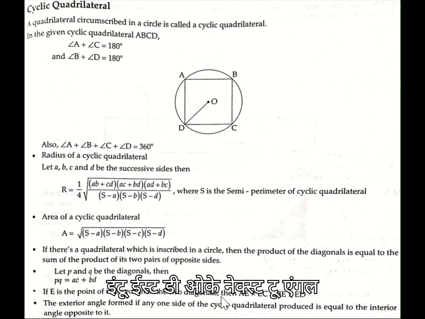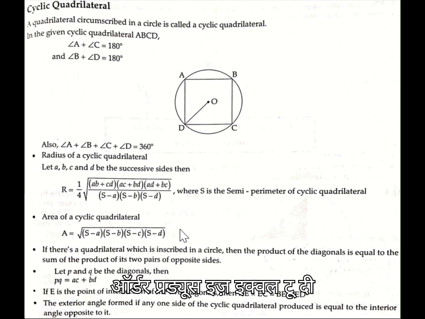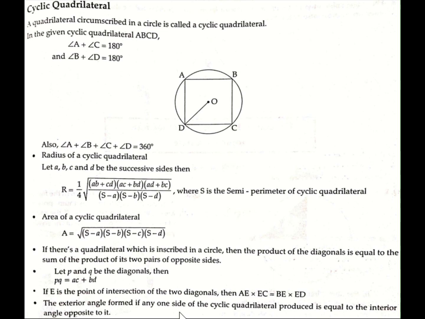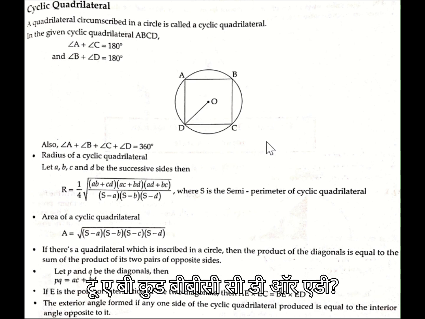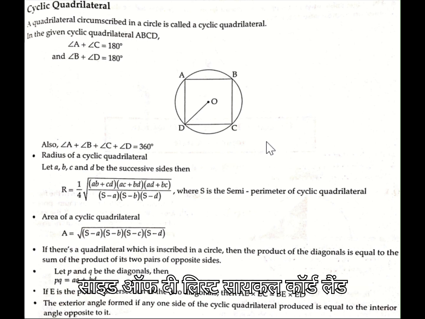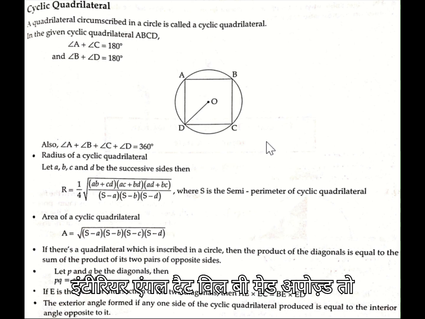Okay, the exterior angle formed if any one side of the cyclic quadrilateral is produced is equal to the interior angle opposite it. If an exterior angle is formed, if any one of the sides, it could be AB, BC, CD or AD, is produced, the exterior angle formed is equal to the interior angle opposite it.